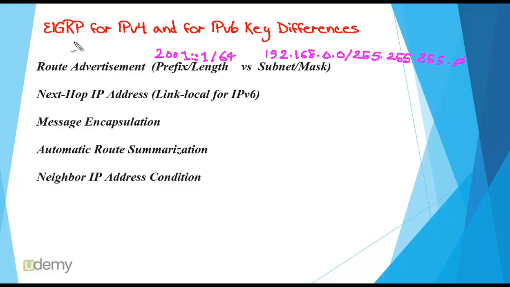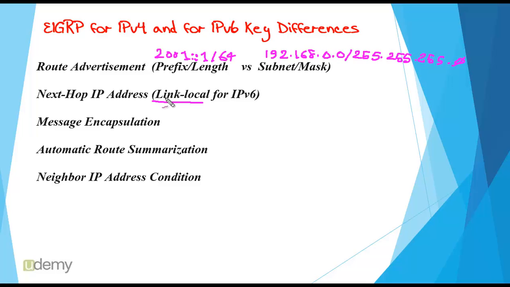Route advertisement in EIGRP for IPv6 is done through this format, and route advertisement for EIGRP for IPv4 is done through this format. Next hop IP address in EIGRP for IPv6 is the link local address of the neighboring router. We don't have any link local addresses in IPv4, therefore EIGRP for IPv4 only uses the primary IP address of the next router.